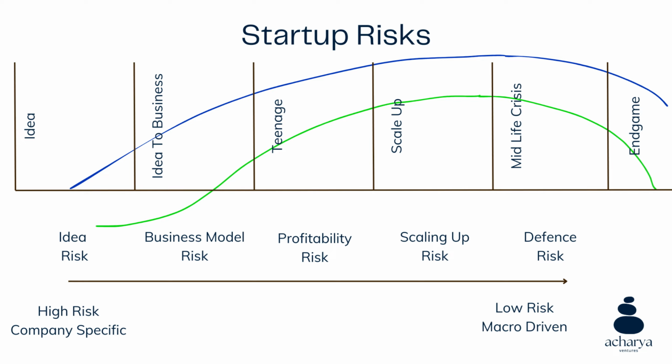As you scale up, then you have the scaling up risks in terms of, let's say, your GTMs, right? We spoke about GTMs in the previous module. What has worked? India in itself is a very diverse country. What probably works in North India might not work in South India. So similarly, imagine going global. What works in one country might not work in a different country.